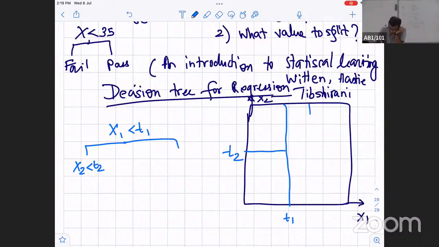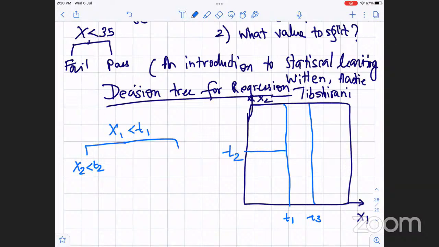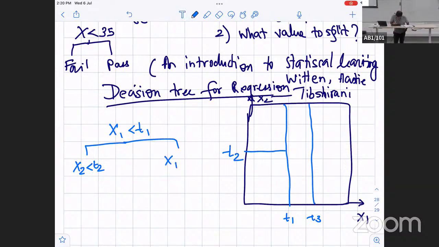So how can I get a line like this? Suppose this is t3. Where should I put t3 in my decision tree? Over here, right? So this will be x1 is less than t3.